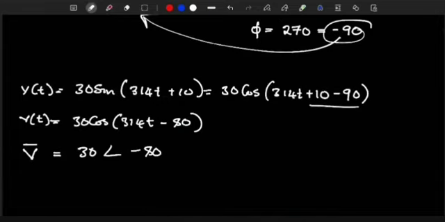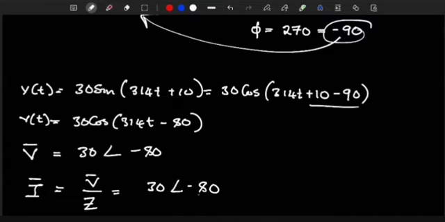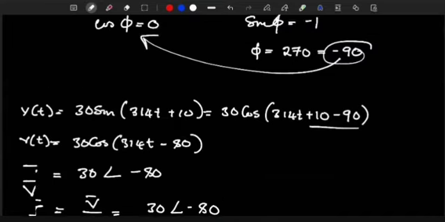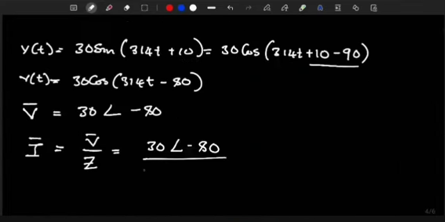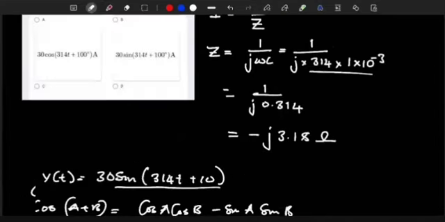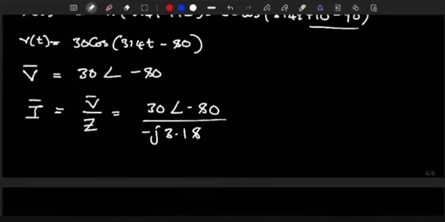To get the current now, as we wrote earlier, we divide the voltage by the impedance. The voltage is 30 phase minus 80. The impedance we had is negative j 3.18. We can't divide the way it is, so we have to present the denominator in polar form as well.